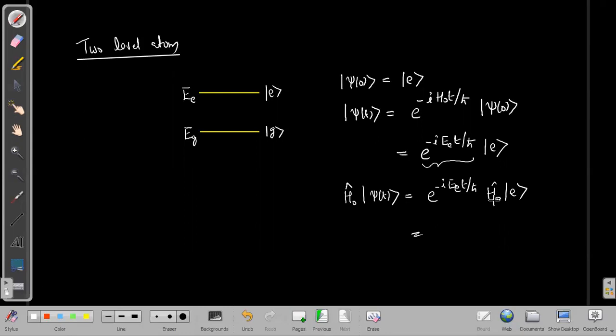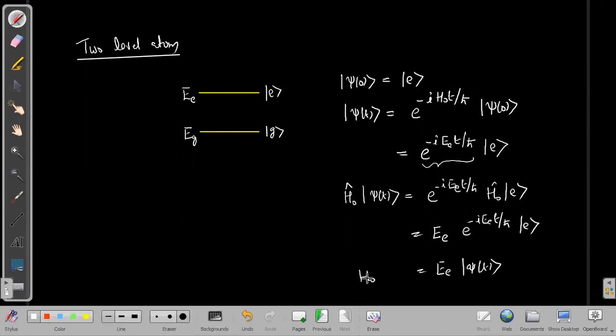That would give the energy Ee times the state E. So this would become the energy Ee times e raised to minus i Ee t by h cross acting on E. So this would be Ee times psi of t.